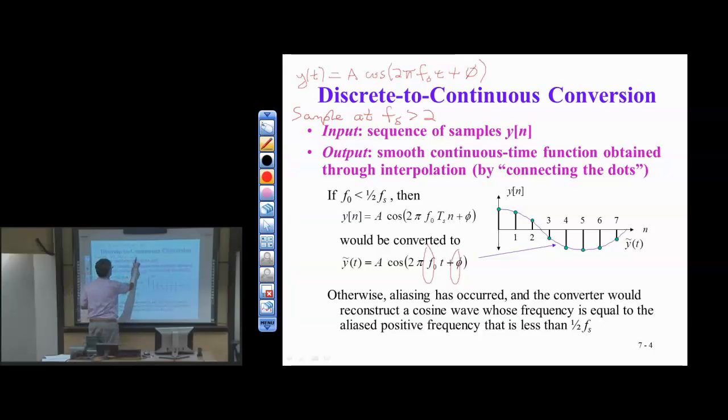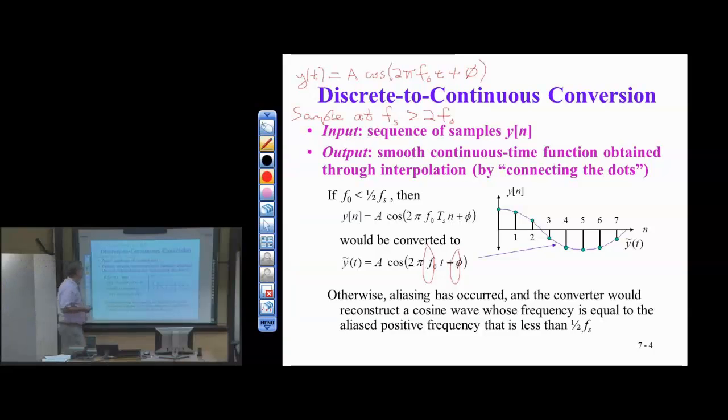Remember, it's ideal here, so sampling just greater than 2 f naught is fine. This is a two-sided signal, so I have zero bandwidth, but I have two frequencies in the cosine, as I showed on the earlier slide. I have frequency content at f naught and at minus f naught. And as long as my sampling rate is greater than 2 times f naught, I'll be fine. I satisfy the sampling theorem because my f max here is f naught.